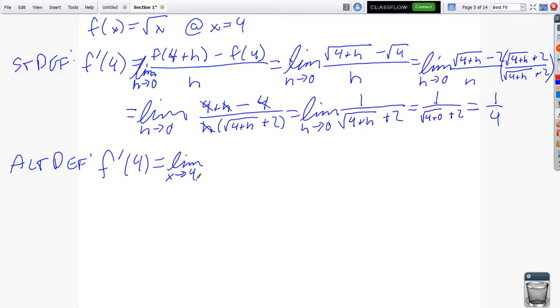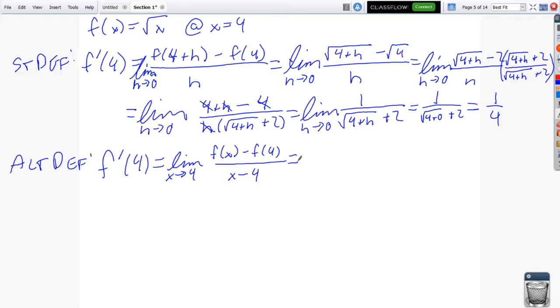So again, I'm copying the alternate definition here. I would have f of x minus f of, remember, in the alternate definition, whatever it says, at x equals whatever, that's a equals whatever, over x minus 4. All right?